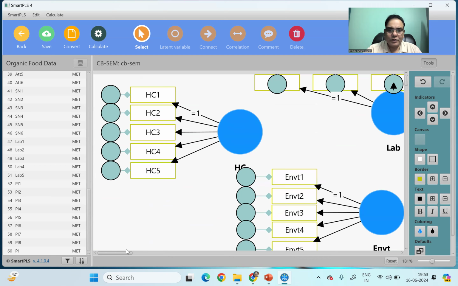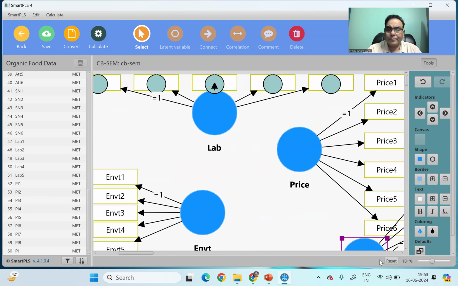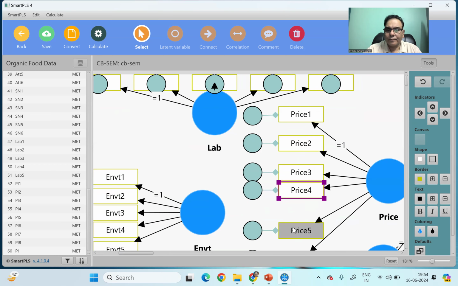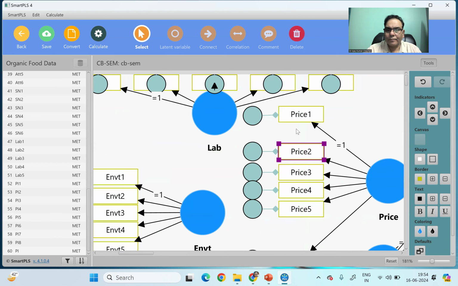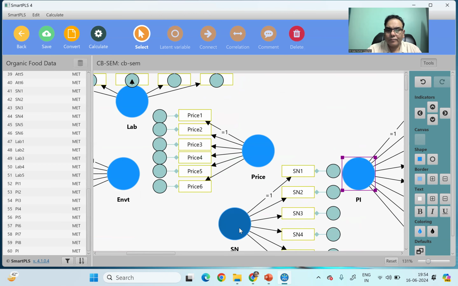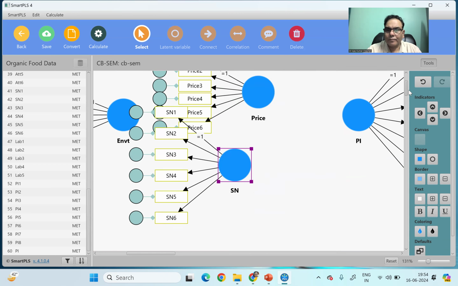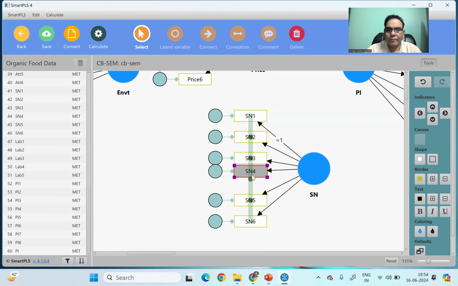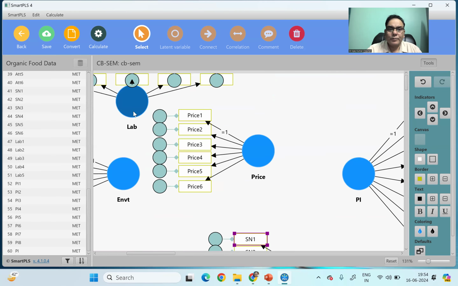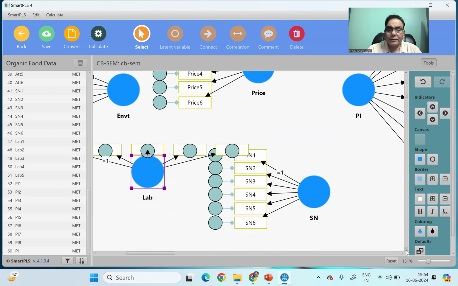So if you follow this procedure, it will take less time. Okay, so बस ये last labeling is there.